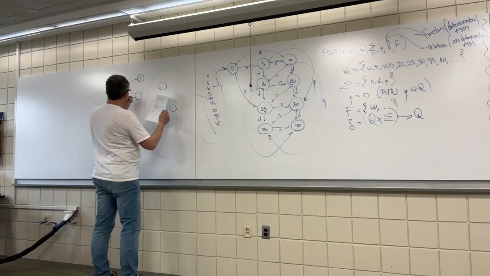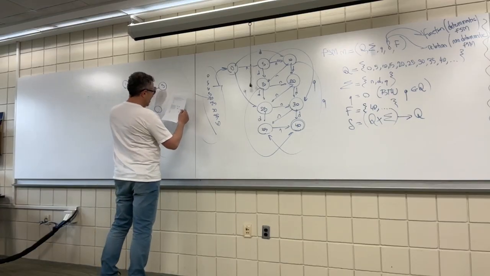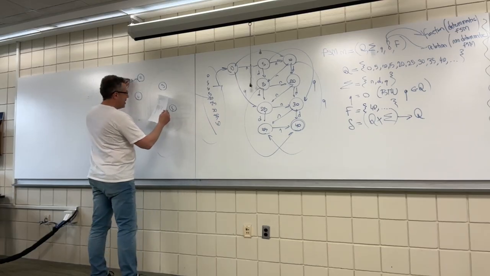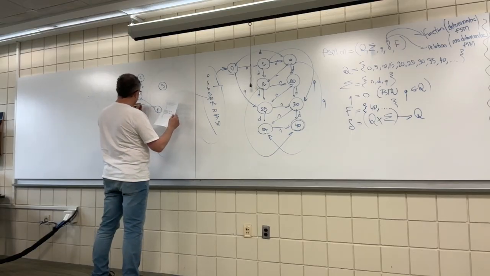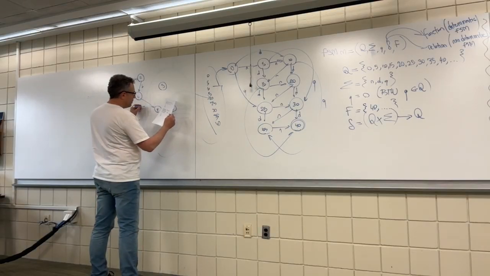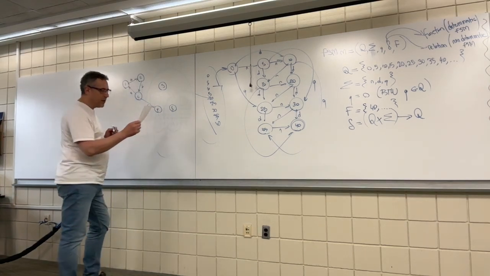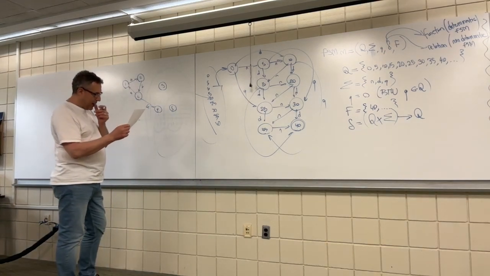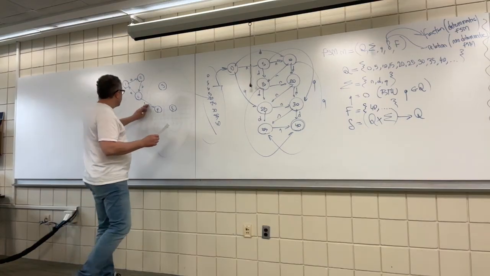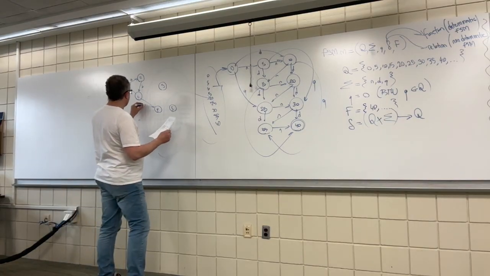So this is 2, this is 0, this is 3, this is 4, this is 5. So this is A, B, and then A. I'm going to actually let you guys go early. Let's just say A here.